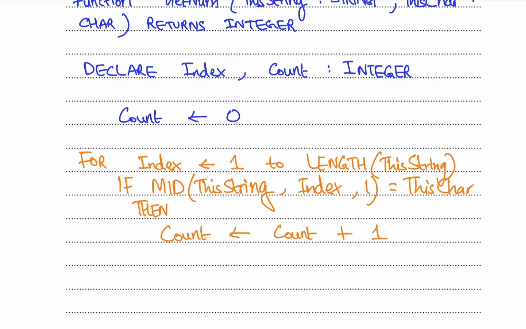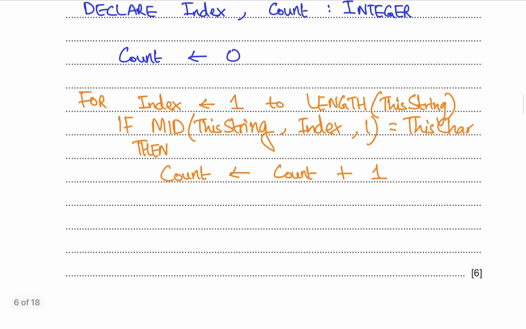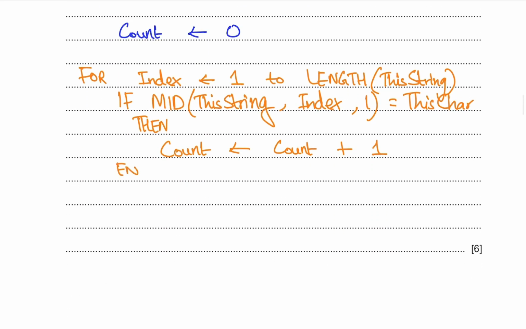Count will increment, which means it will increase. And then you will end if, end everything, next index, end the for loop. Return the count, end function.